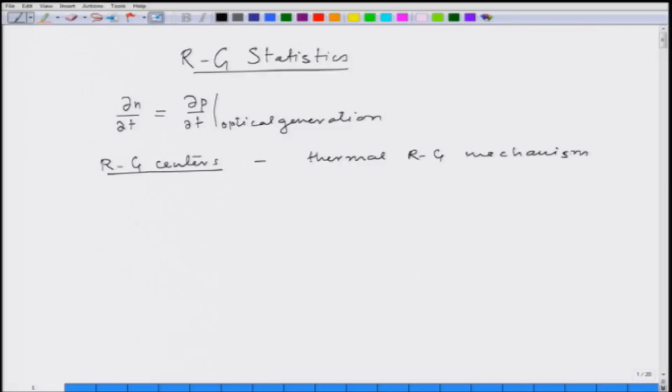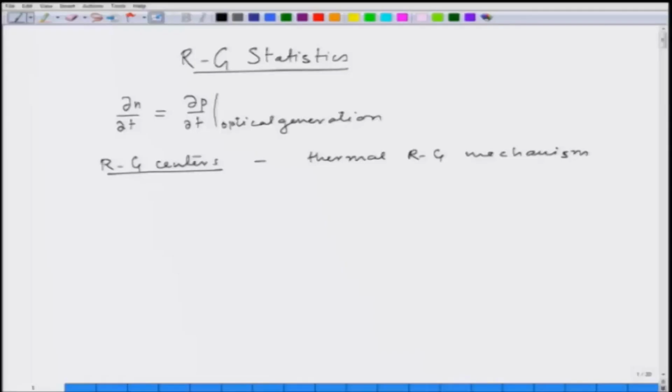Since this is a very important mechanism for RG processes, we devote today's lecture to understand how we would mathematically look at the recombination generation through the RG processes.